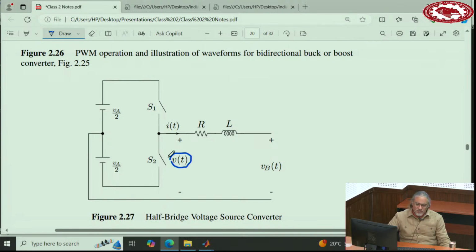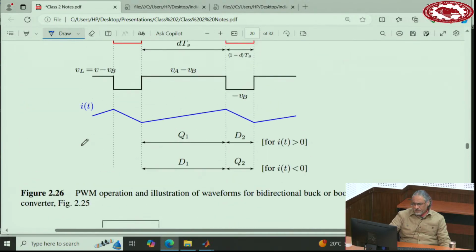So the voltage here is negative VA over half. So by properly switching S1 and S2, you can generate VA over half and negative VA over half at these terminals. So if this voltage can be positive and negative, this voltage can also be positive and negative. This is very good to generate AC waveforms, current or voltage.